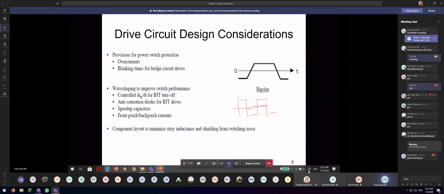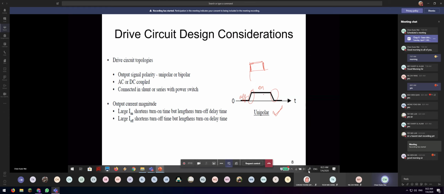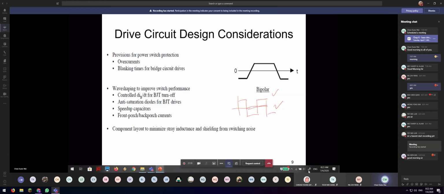It depends on the drive circuit requirement. Some base drive circuits require this kind of waveform, and some require only the unipolar waveform. This is also to provide some over-current protection. Blanking time refers to the time between, for example, one switch and another lower switch.